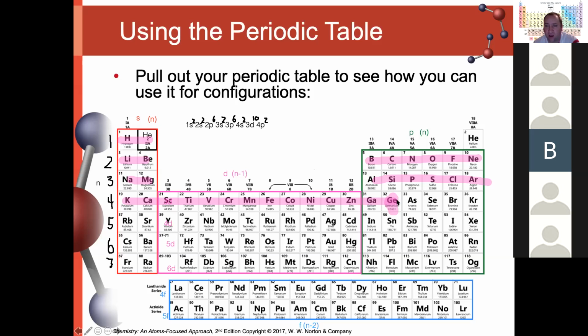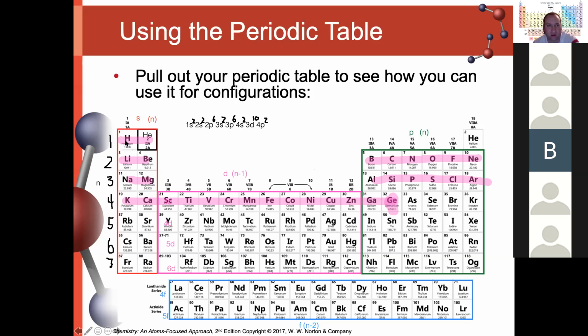So whenever I get to the block that contains the element that I'm studying, I just count the number of positions to get to where it is. And that tells me how many electrons are in that block. Every other block that precedes it, generally speaking, is full. And so I can use those max capacities to my advantage there. I already know what the maximum number is.